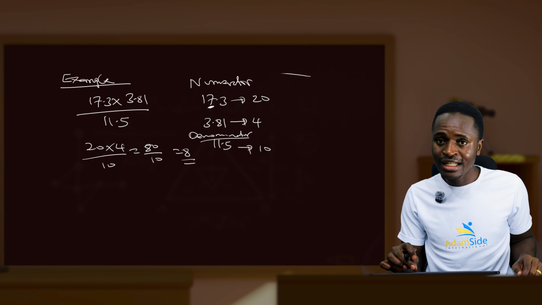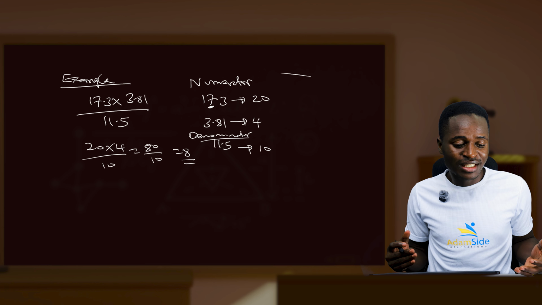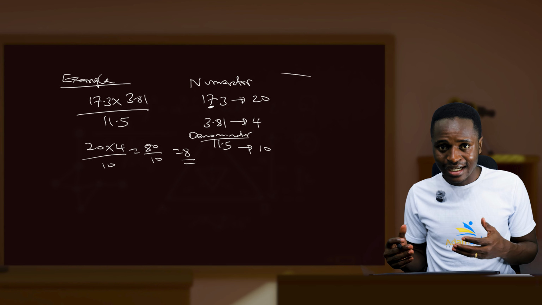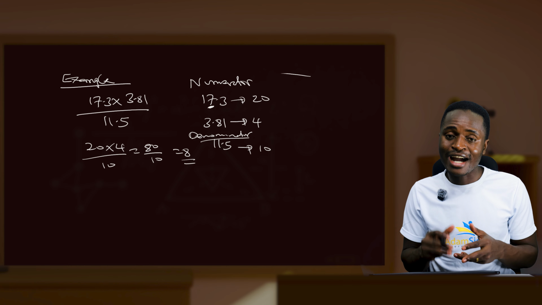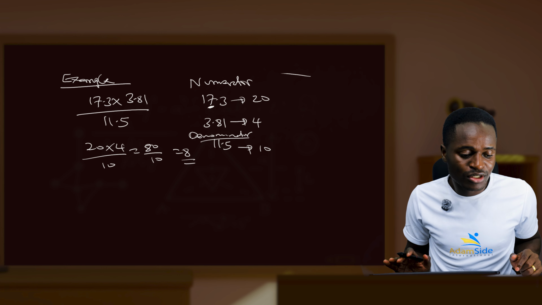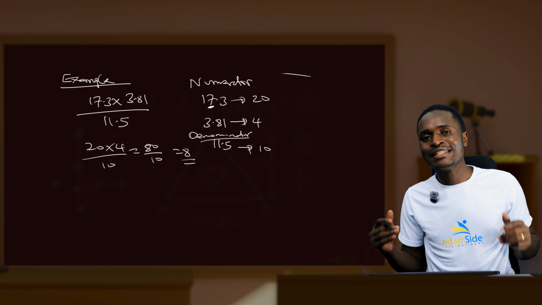Therefore, you have a bigger number divided by a smaller number. Obviously, your answer will exceed the actual calculation, where you use the actual numbers given. Therefore, you say this is an overestimate as the numerator was rounded up and the denominator was rounded down.